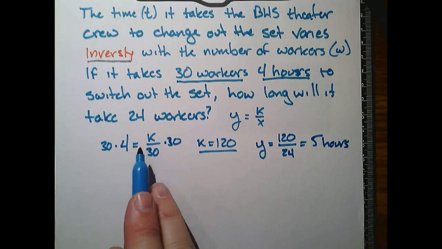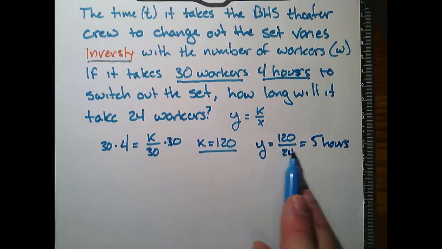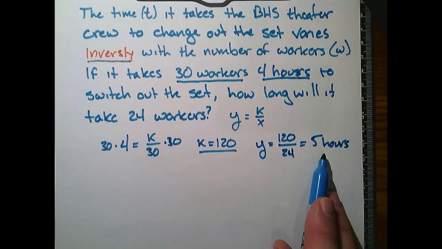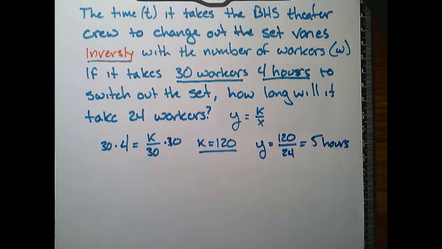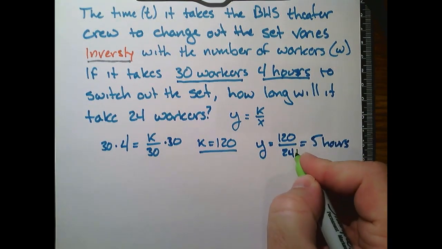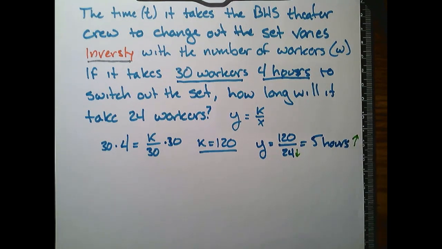So 30 workers in 4 hours, 24 workers takes 5 hours. So as the number of workers decreased, the amount of time increased, inverse variation.